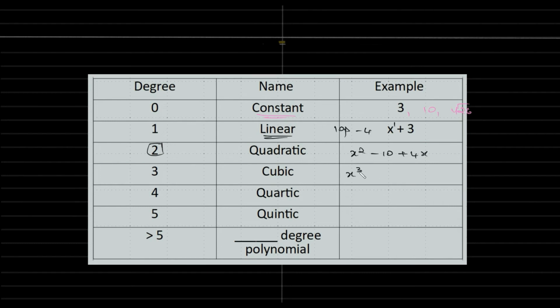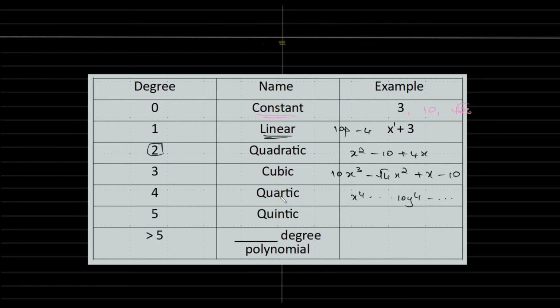Then we have cubic. It's easy to guess. 10x cube minus root of 4x square plus x minus 10. This is a cubic expression. Then we have quartic. I hope I'm pronouncing it right. So this is x to the power of 4, and so on. It need not be x itself, it can be any variable, it can be y also. 10y to the power of 4 minus and so on.